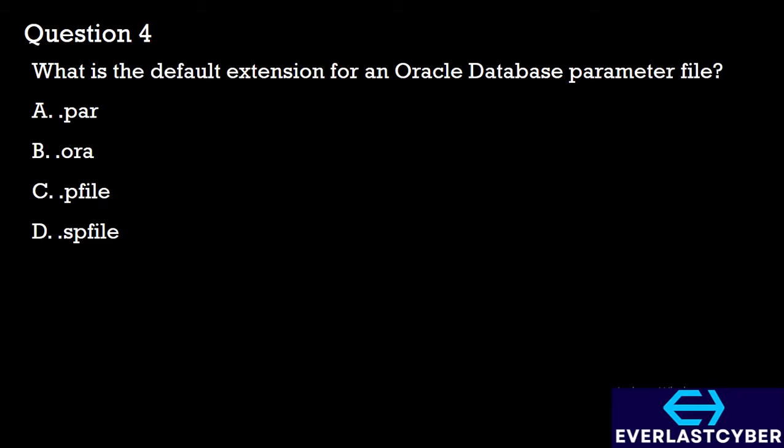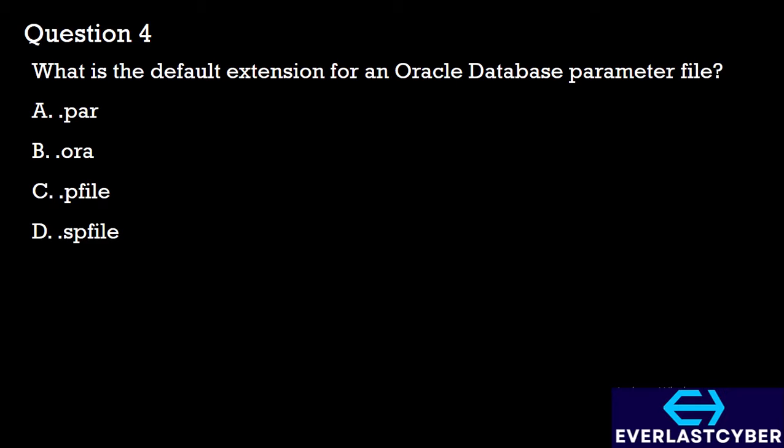This is a text file that contains initialization parameters used to configure and start an Oracle database instance. Looking at option C, while the pfile refers to the parameter file, .pfile itself is not the default extension. The actual file uses .ora.